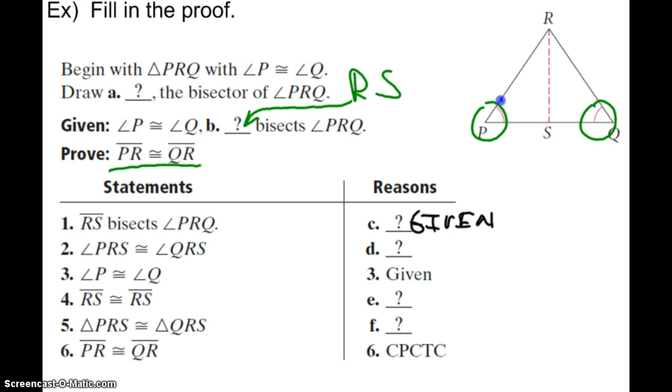Angle PRS is equal to QRS. So PRS, this angle here, is equal to that angle. Why is that true? Because that's the definition of an angle bisector.